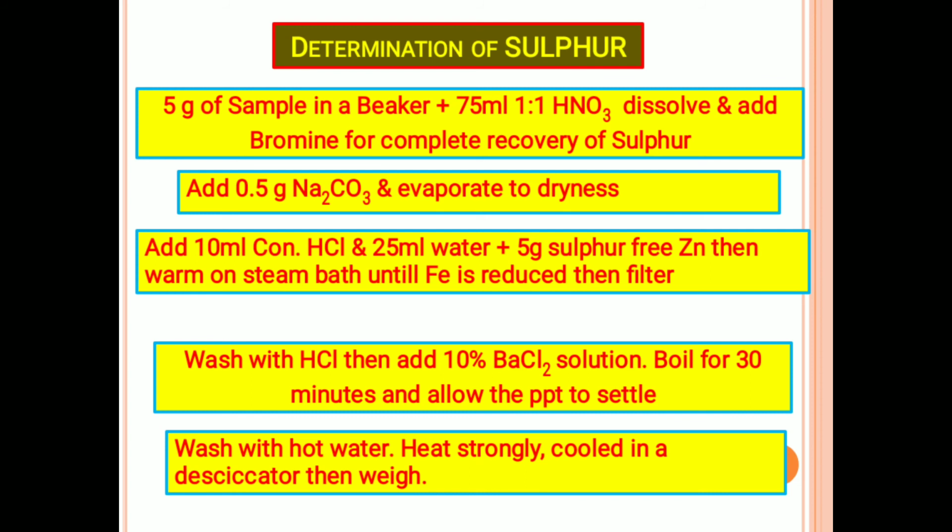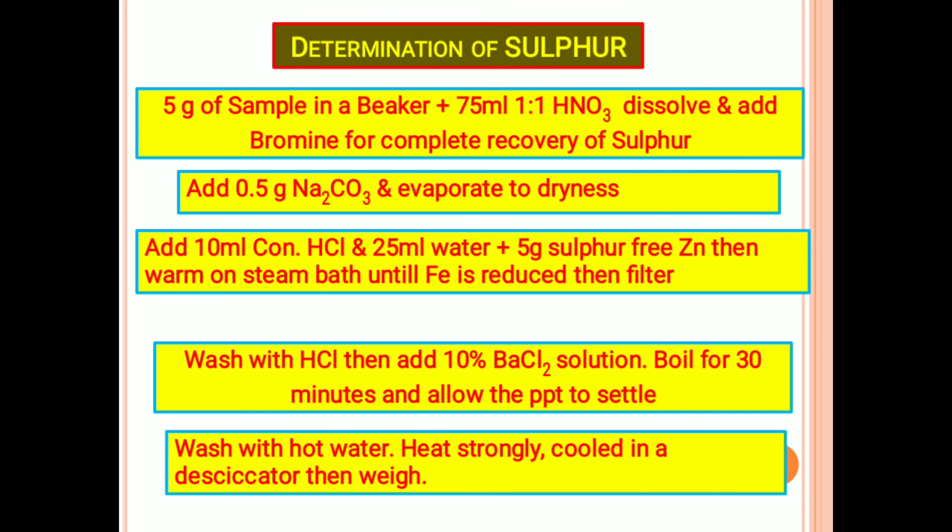After that you need to add 0.5 gram of sodium carbonate and evaporate to dryness. After that the next step is you need to add 10 ml concentrated HCl and 25 ml water. After that 5 gram of sulfur free zinc. So you know very clearly, zinc is used as a reducing agent.